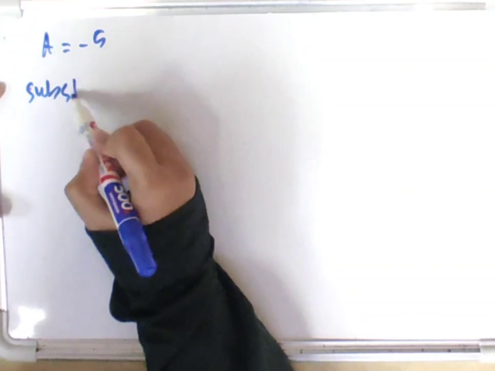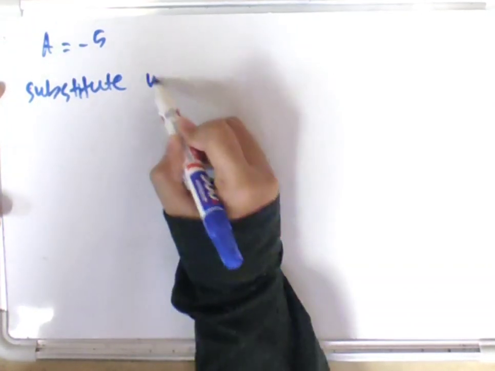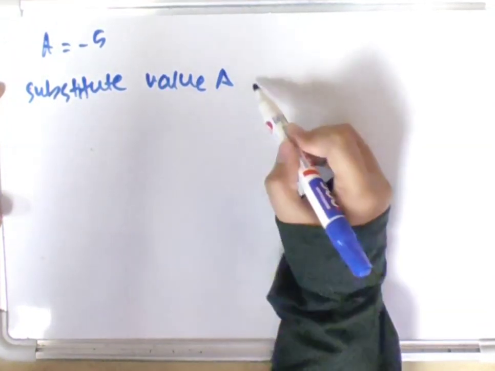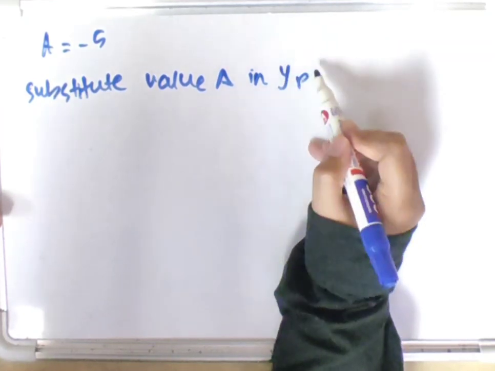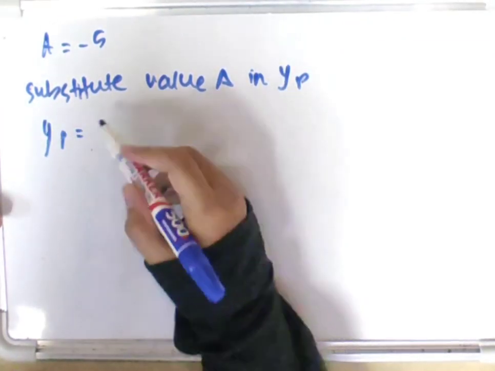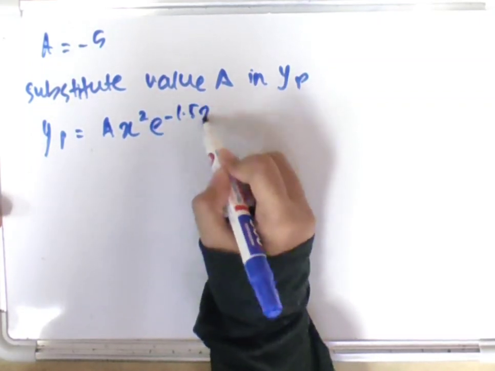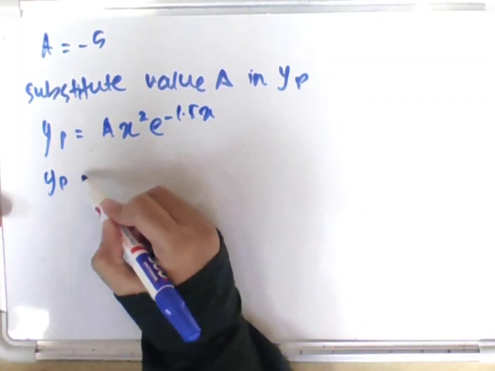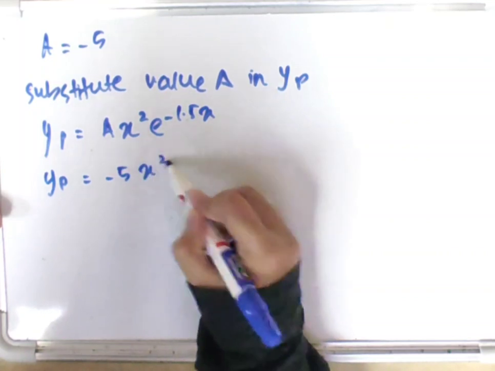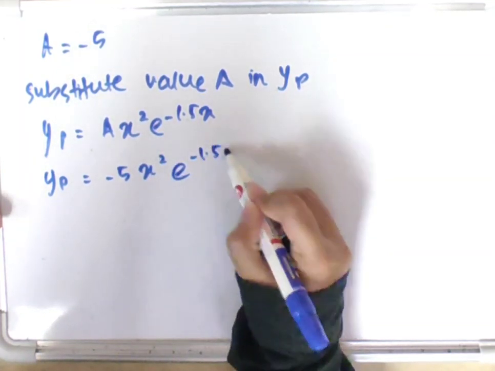Substitute the value of a into y p equals a x squared e to the negative 1.5x. So y p equals negative 5x squared e to the negative 1.5x.